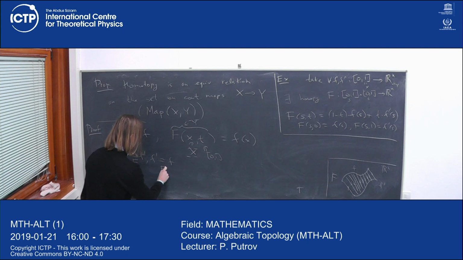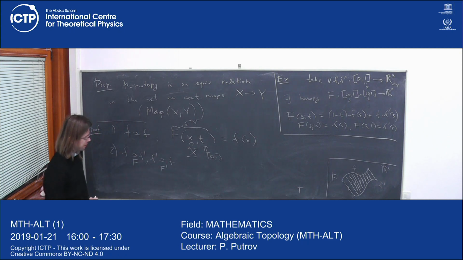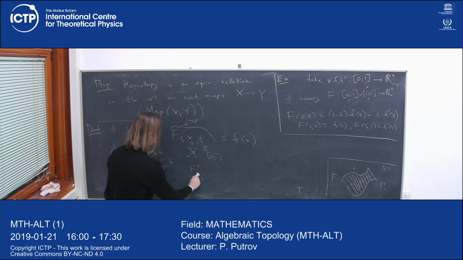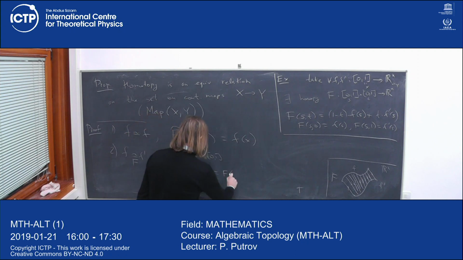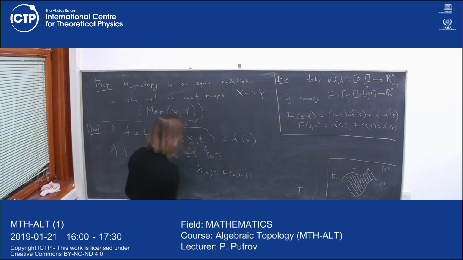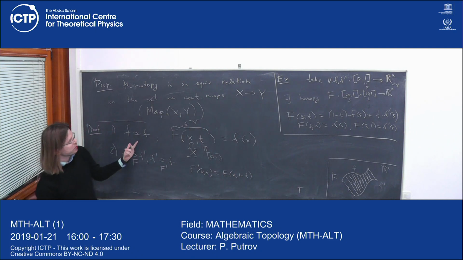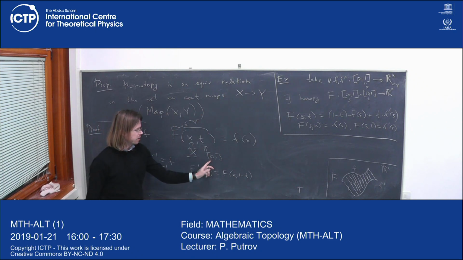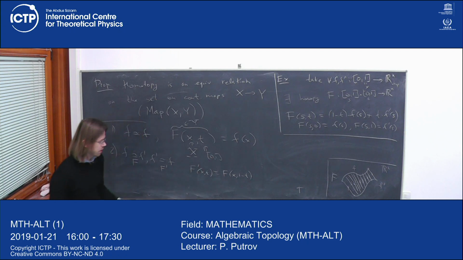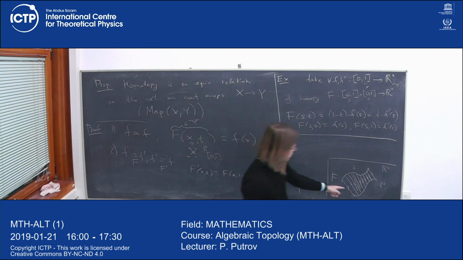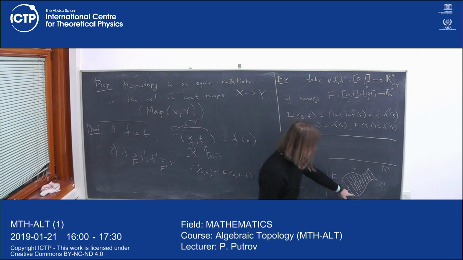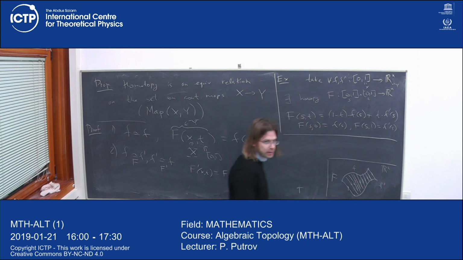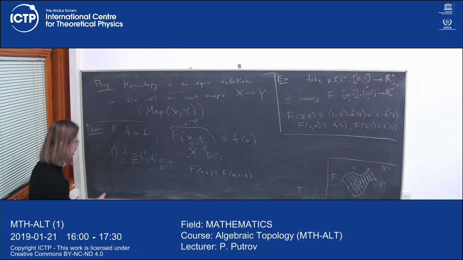I can realize a homotopy between f prime and f by taking F prime(x, t) equal to F(x, 1 minus t). Essentially I do a reverse of the interval, changing t to 1 minus t. So for example, in this example, my trajectories will be reversed here.